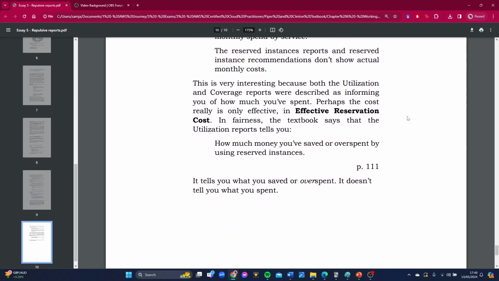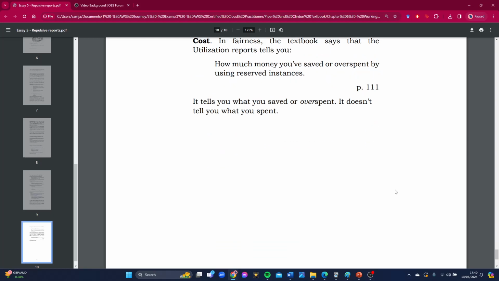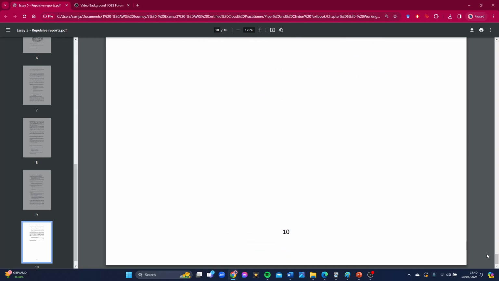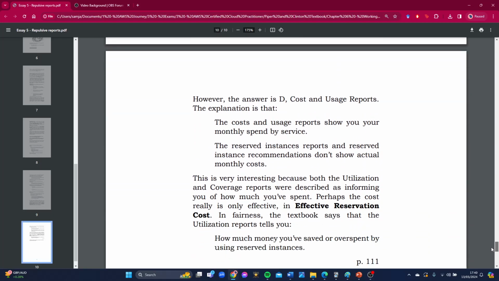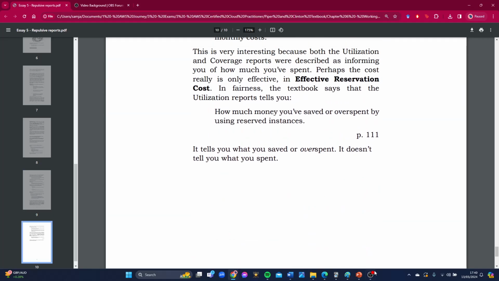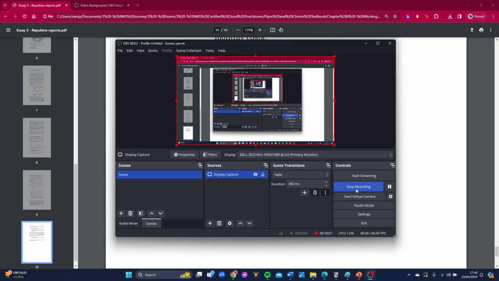Okay, so it tells you what you've saved or overspent. It's a relative notion, it's overspent. It doesn't tell you what you've spent. And so that was a few clarifications about these two types of report.